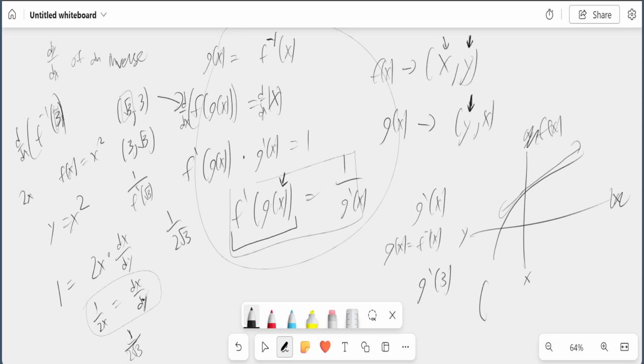Well, if you plug in some number to get 3 in f of x, what number can we plug in to get 3? Wait, isn't 3 your x value, the number you're plugging in? 3 is the x value of our g of x, right? Because it's g prime of 3. So 3 is equal to f inverse of x. Or g, sorry, 3 is not the thing we plug into f of x.